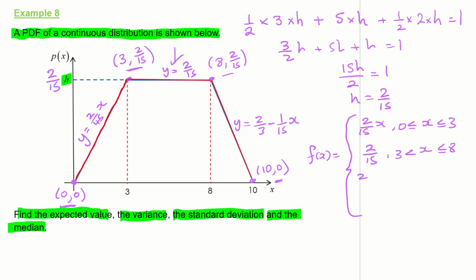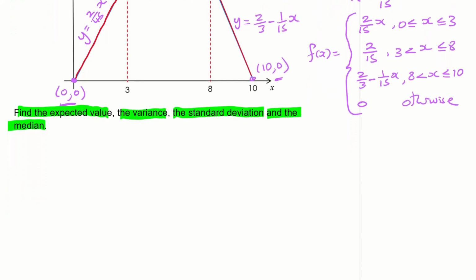Then we have 2/3 take away 1/15 x, which applies for x between 8 and 10, and then 0 otherwise. It's not symmetrical. Note this gap is 2 and this one is 3.